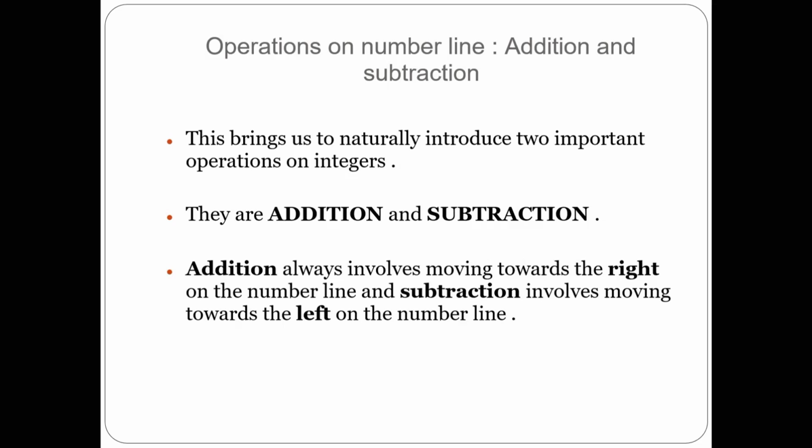Operations on the number line, addition and subtraction. This brings us to naturally introduce two important operations on integers. They are addition and subtraction. Addition always involves moving towards the right on the number line, and subtraction involves moving towards the left on the number line.